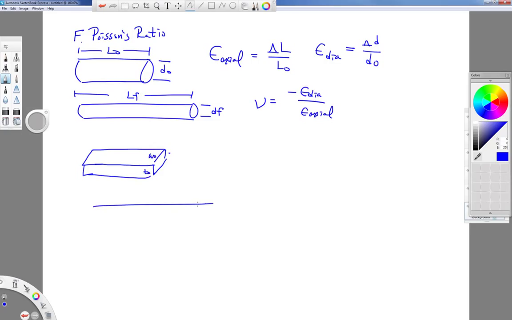And if we put some loads on it, the bar stretches out, and you have some final width and some final thickness dimension.